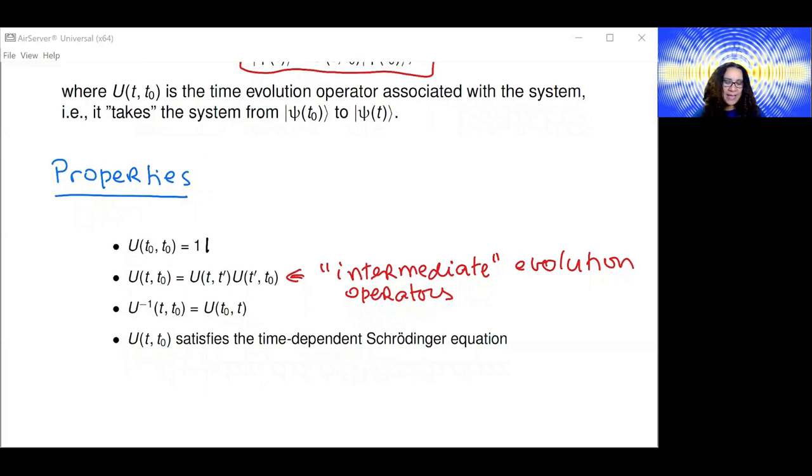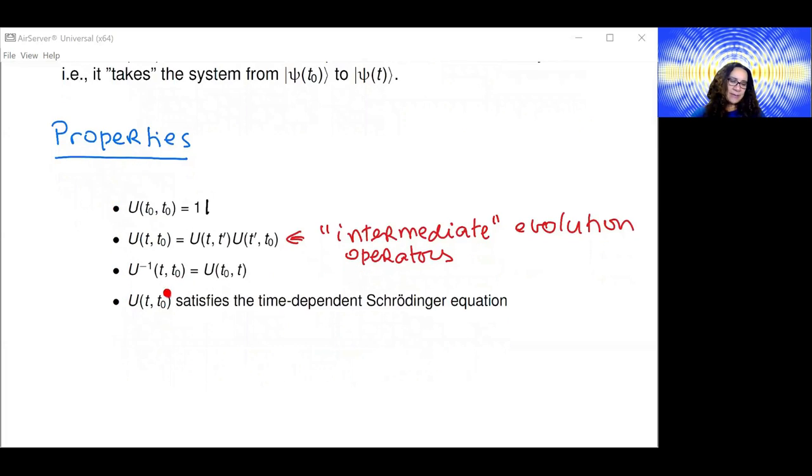And we have that U(t, t naught) satisfies the time-dependent Schrödinger equation. It has to be like that. And I'm going to show you that this must be the case. Because if it doesn't satisfy it, what on earth are you evolving here?